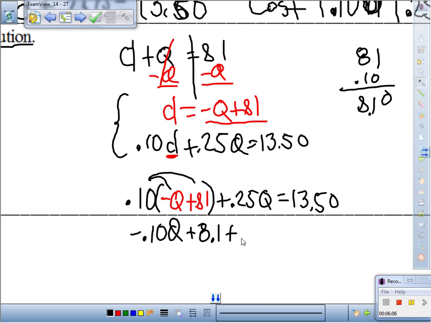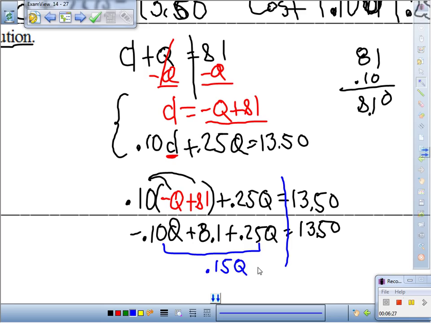Plus 0.25Q equals 13.50. Continue. What do I do from there? Very good. Combine like terms. 0.25Q minus 0.10Q, that's 0.15Q plus 8.1 equals 13.50.